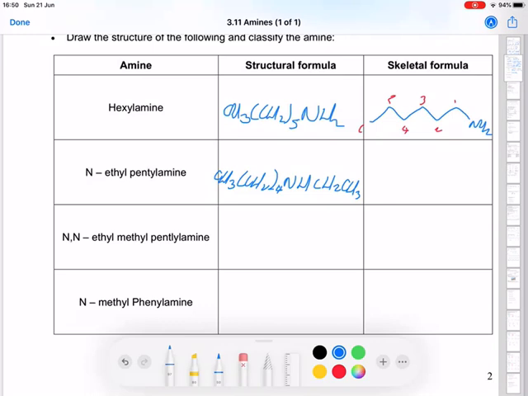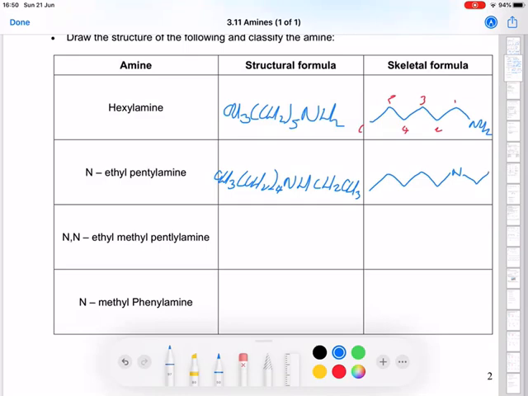With the skeletal formula of this, I'll start with the pentyl first. So 1, 2, 3, 4, 5. That's the 5 carbons. Then that goes to the N. Okay, don't put the hydrogen on in skeletal. And then I've got an ethyl coming off there, which is 2 carbons. So 1, 2. And that's what that one would look like.